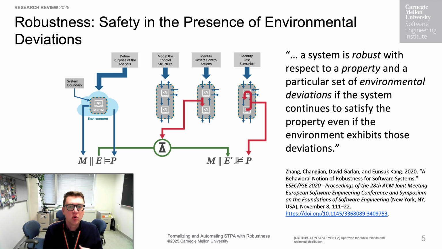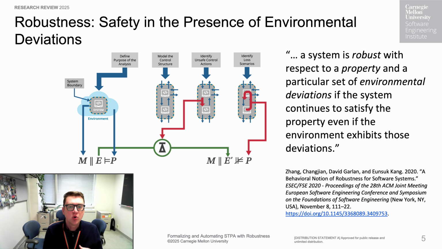So to translate this sort of to our water tank, what that means is that the system is robust with respect to not overflowing in the context of some sort of missteps by our pump operator if the system will not overflow even when the operator does some things that are incorrect.